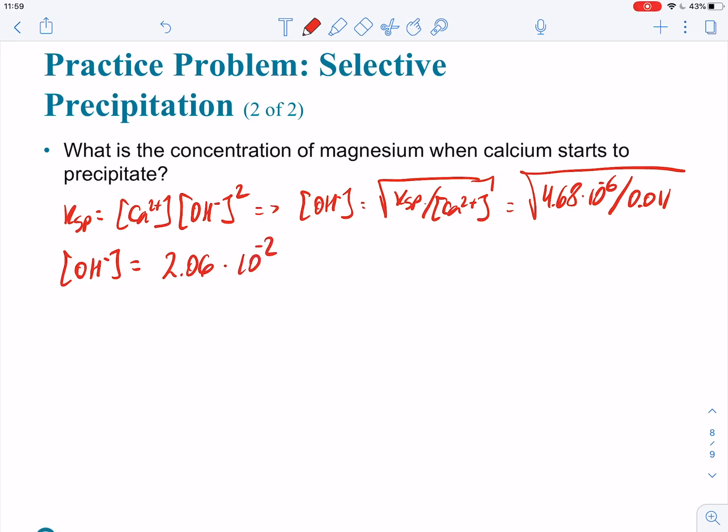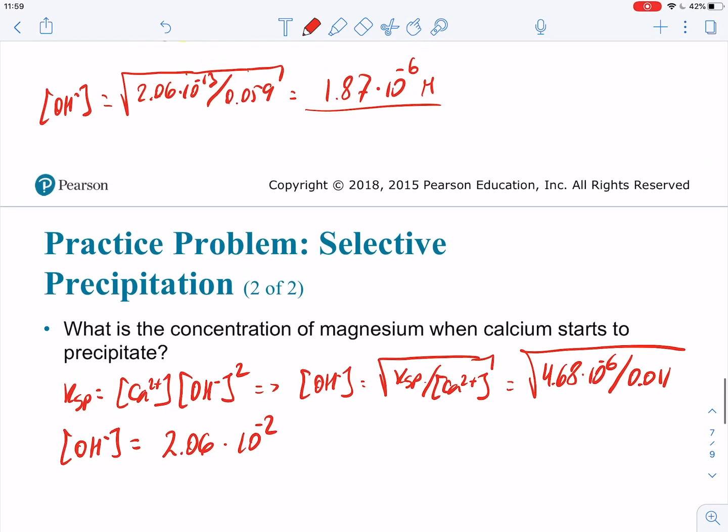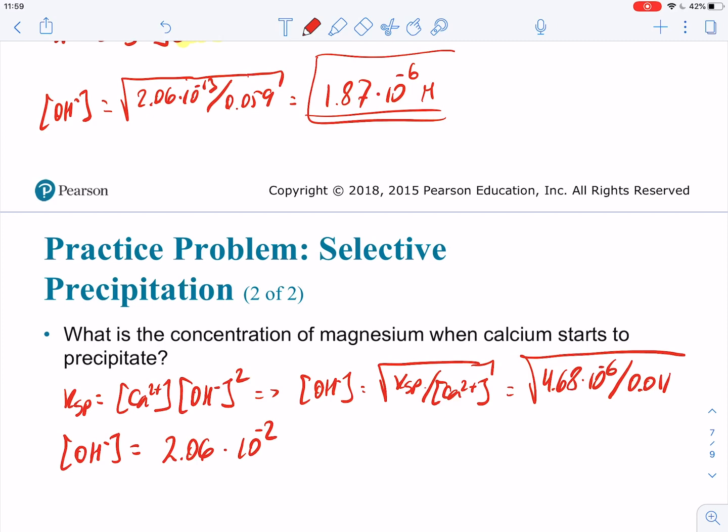So you notice that because calcium hydroxide is more soluble, you need a higher concentration of hydroxide to precipitate calcium. Therefore, you can see it this way. If you start increasing the concentration of hydroxide, magnesium will precipitate first. And once most of the magnesium precipitates, then calcium will start precipitating. So magnesium requires this high concentration, 10^-6, while calcium will need a much larger concentration.